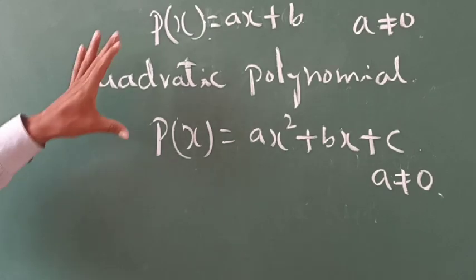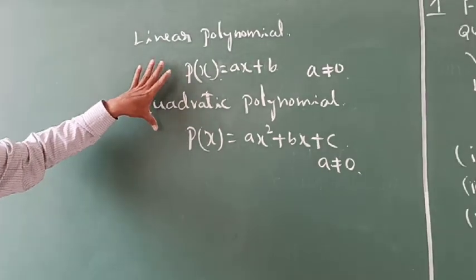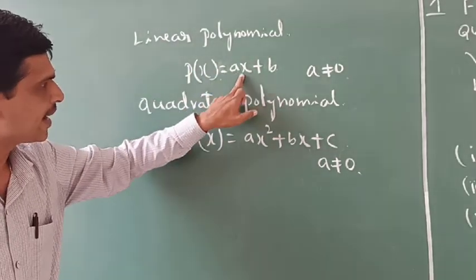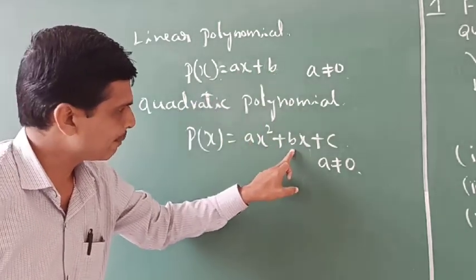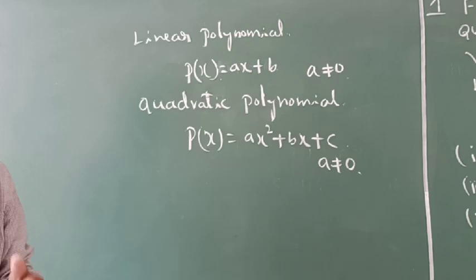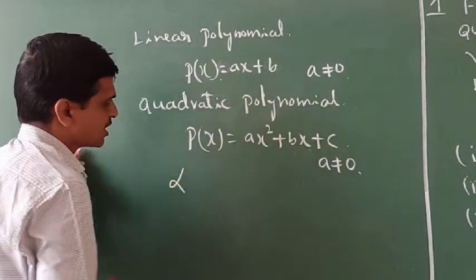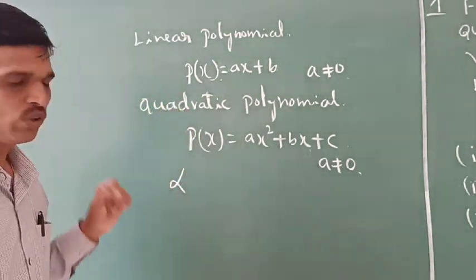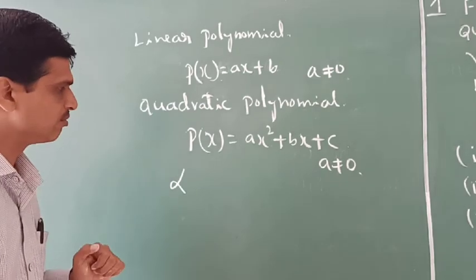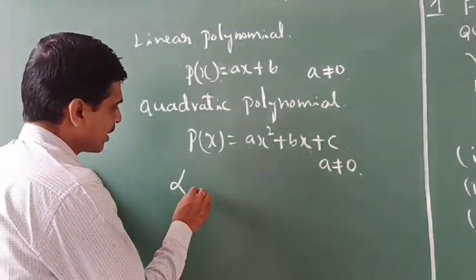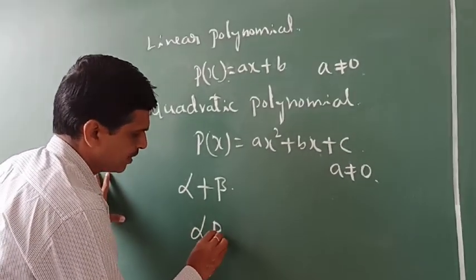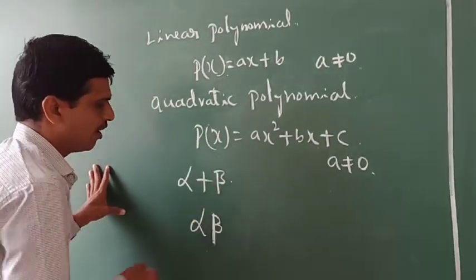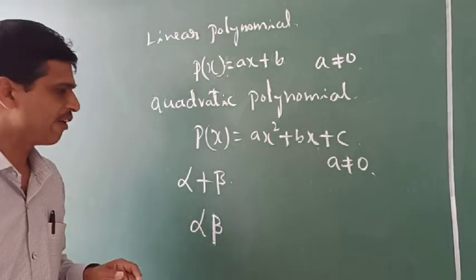It means the polynomials have variables as well as the coefficients a, b and c. So what are their relations? We have written already: the sum of the two values, whenever the polynomial becomes 0, consider alpha plus beta. Consider their product, where alpha and beta are the two different values.